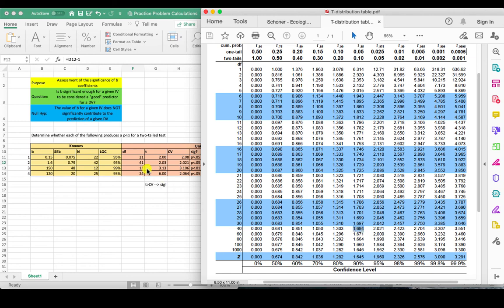So we know our t-statistic, which is 2.03, is greater than the critical value on the table. Then we could say, all right, we know p would be less than 0.10, so is it less than 0.05, right?